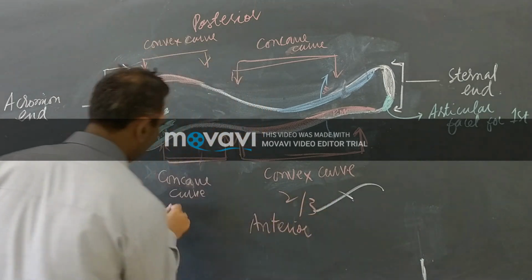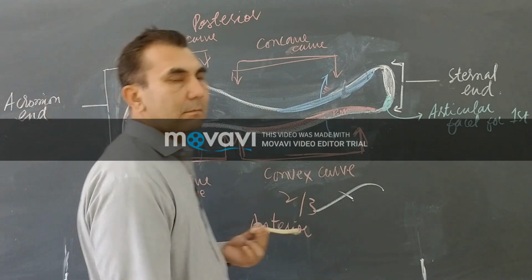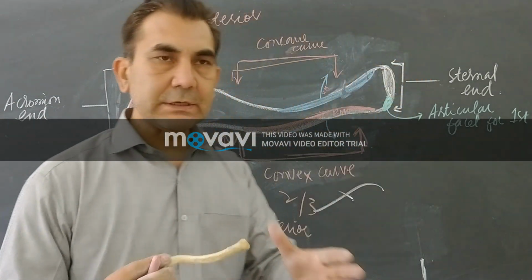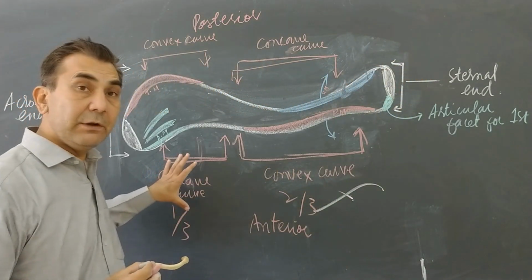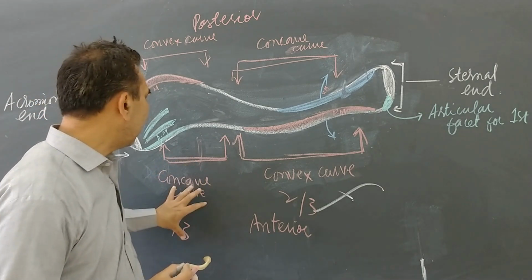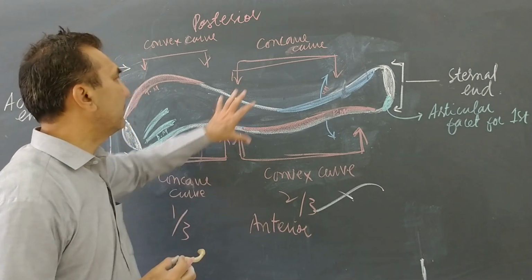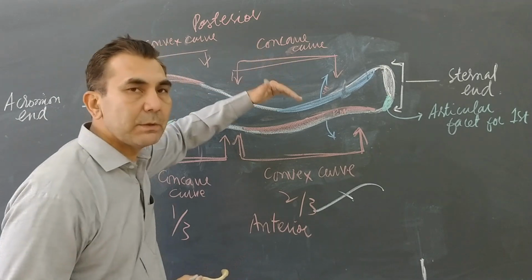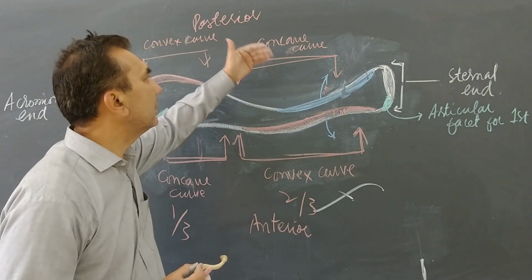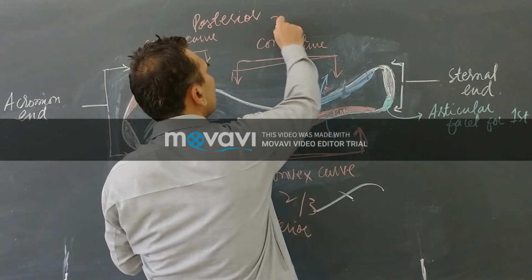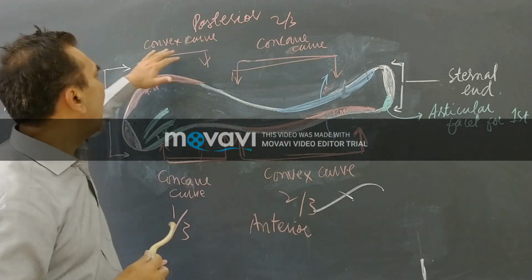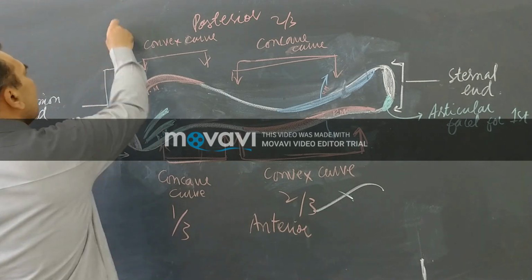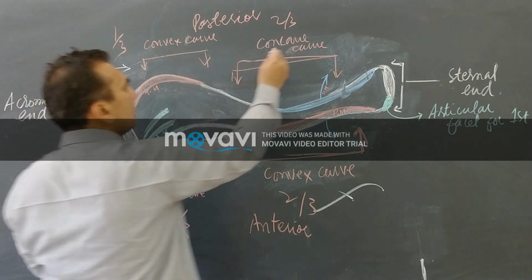Two-thirds from the anterior side is convex in shape, and one-third from the anterior side is a concave curve in shape. From the posterior side of the clavicle, the two-thirds portion is concave in shape, and the one-third is convex in shape.